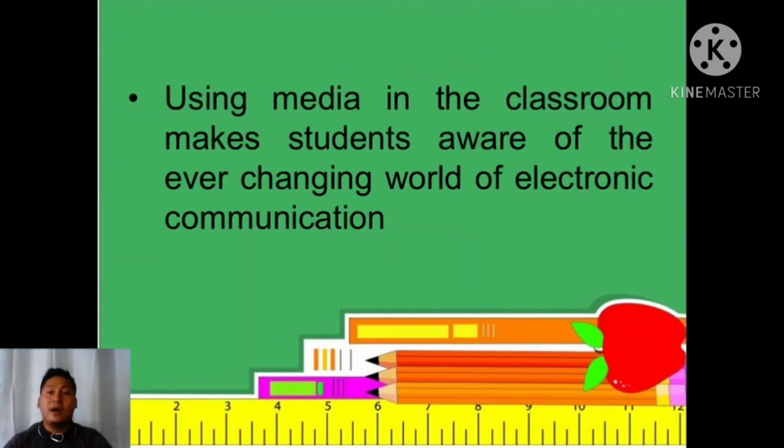Using media in the classroom makes students aware of the ever-changing world of electronic communication. Giving them a better understanding of such resources now will prepare them to be successful in the future.